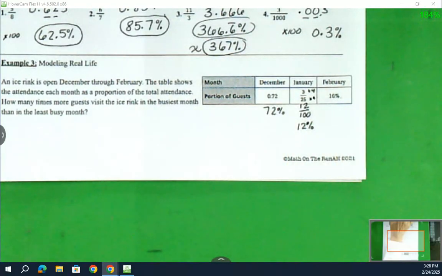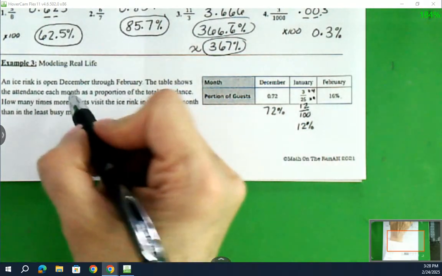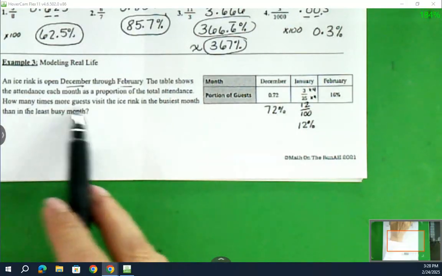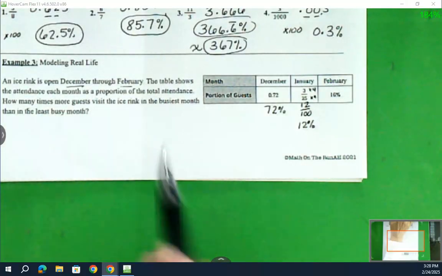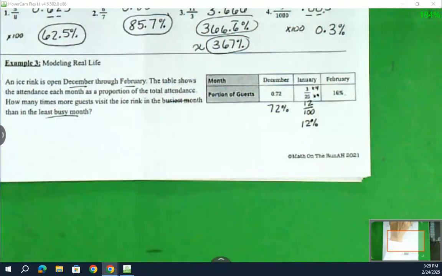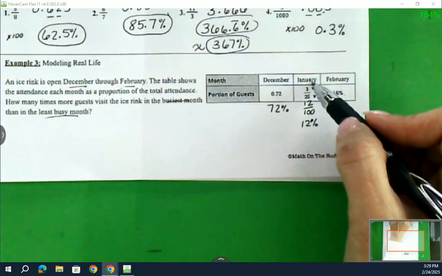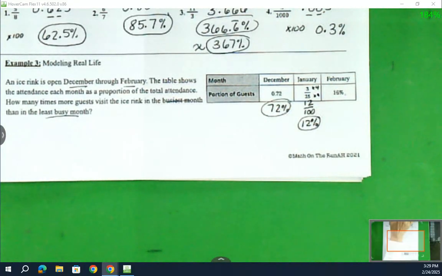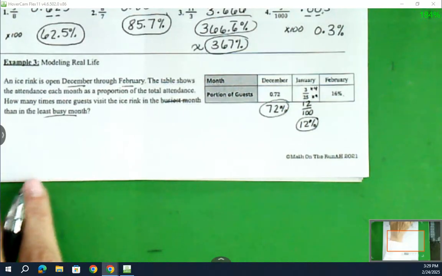And this is 16%. So we are comparing December through February, from the busiest month to the least busiest month. Well, the least busiest month is actually January. So we are comparing these two, 72 and 12. How many more times?